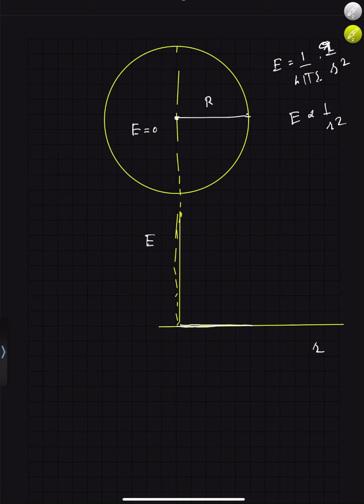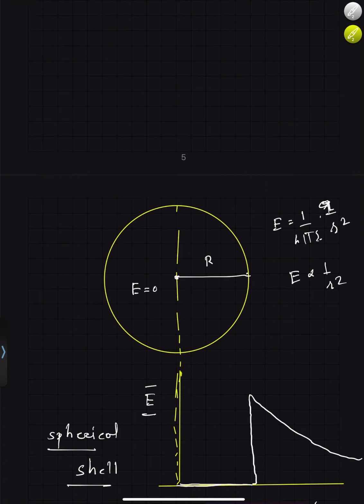So this looks like that. So this is your plot of E versus r for a spherical shell. Okay, so thank you.